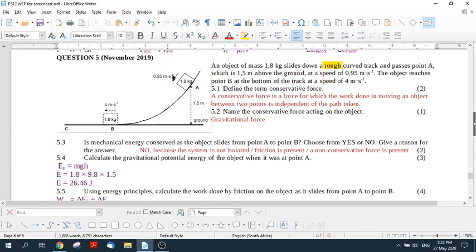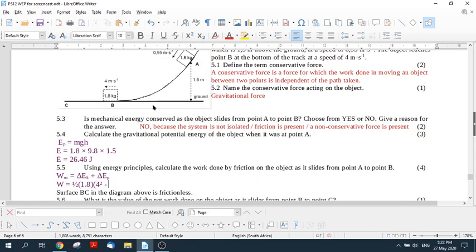If you have a look here, it's 0.95, minus 0.95 squared. Make sure that the squared is inside the brackets, because if the squared is outside the brackets, you will run into a huge problem. It is the final velocity squared minus the initial velocity squared. Okay, and then it's plus the change in potential energy.